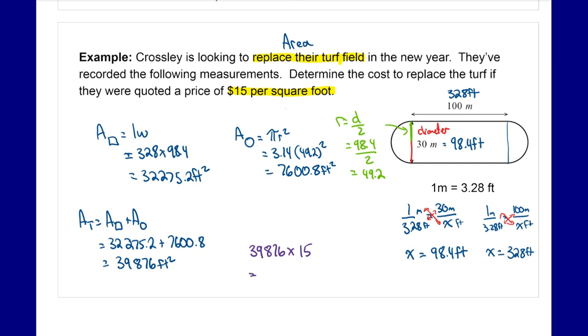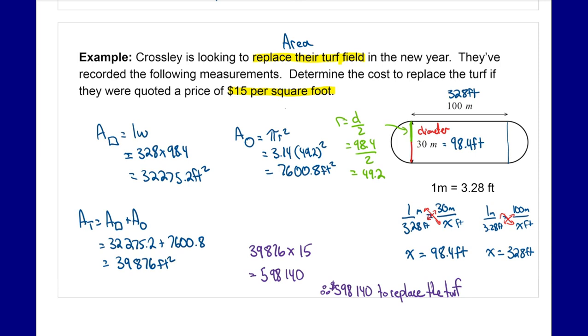And we get that it's going to cost us $598,140 to replace the turf. It's a lot of turf to replace, and it would cost us a large sum of money.